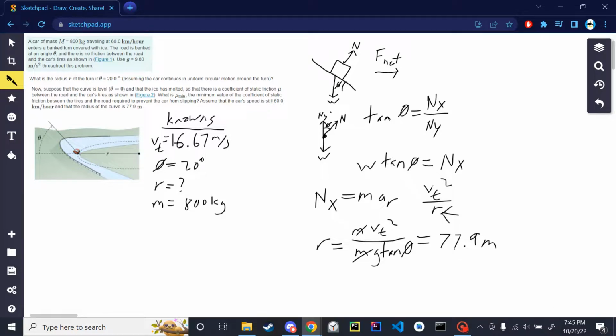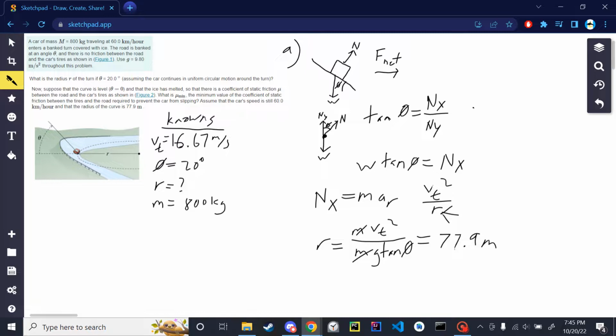Since the normal y component must equal the weight component, so that they cancel out and the net force points straight towards the center of the circle, you can use tangent of theta equals nx divided by ny and substitute w in for ny in order to use values that you already know. Then you can just rewrite and do algebra for the rest until you isolate r, and you get 77.9 meters for part A.